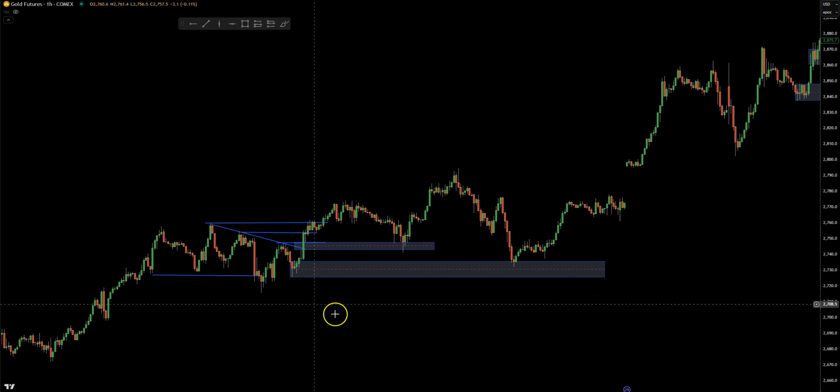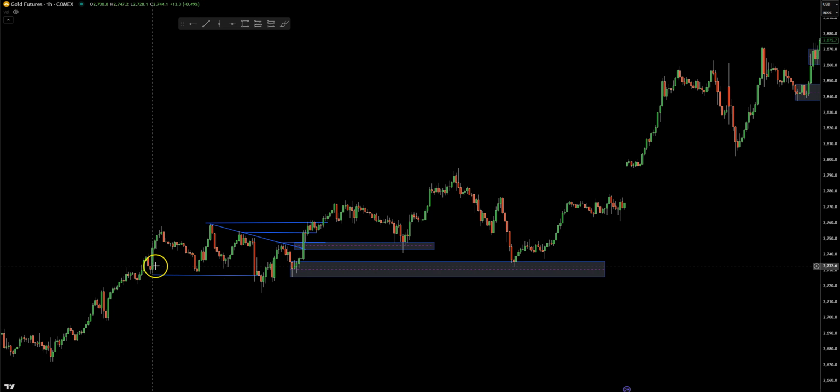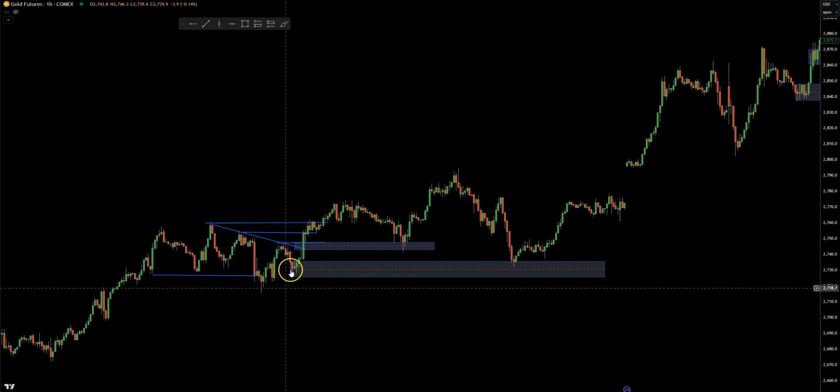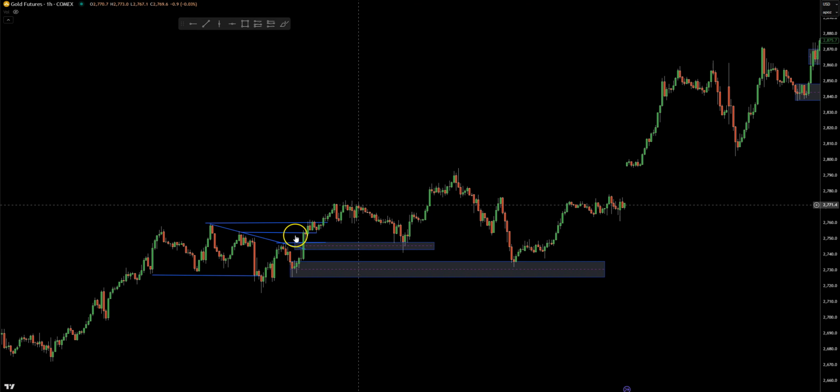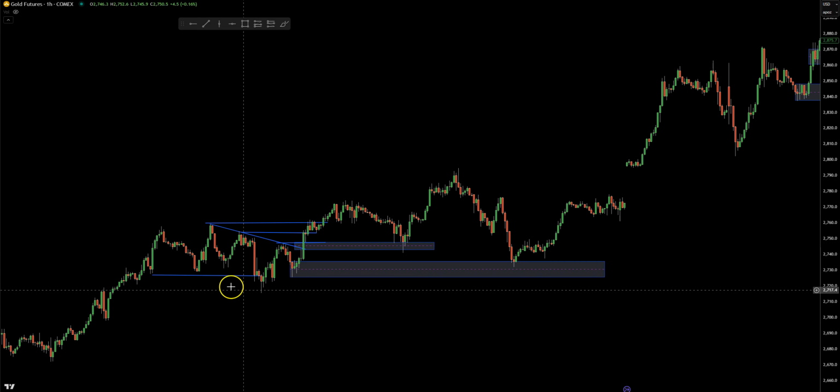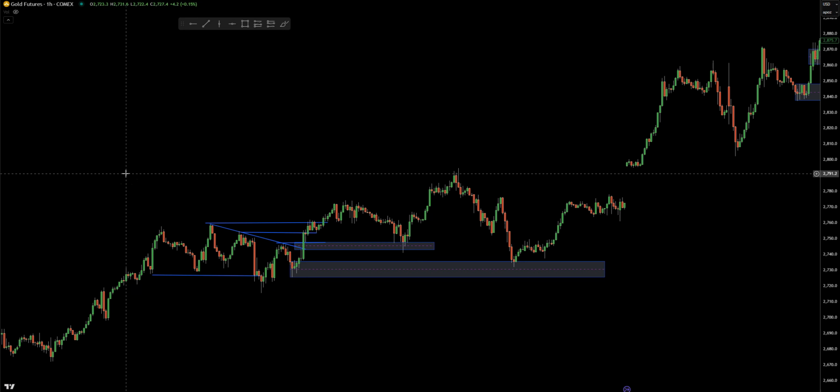And it also has another confluence that I like. It's not this zone here, but the move here that started this correction, or that started this new leg, kind of started with a liquidity sweep. Liquidity sweeps are a very important concept because that is really the footprints of the banks and institutions, even more so than the supply and demand zones.